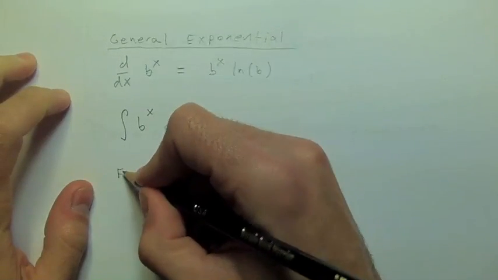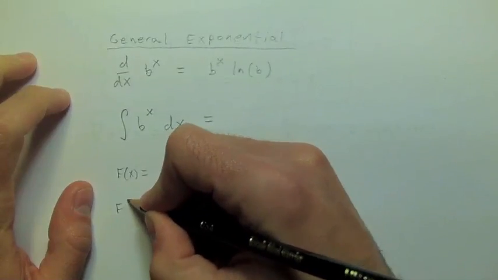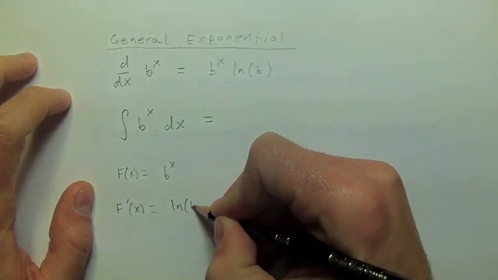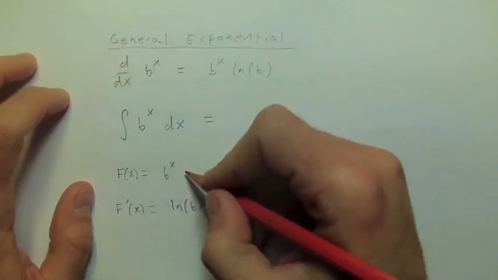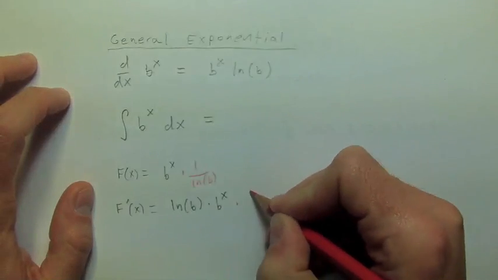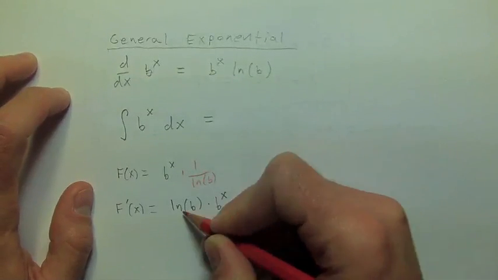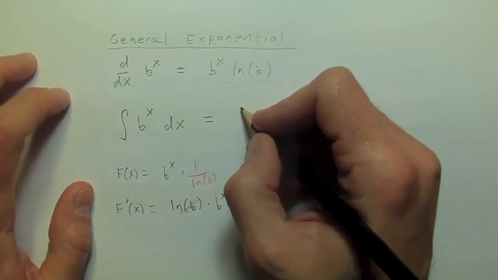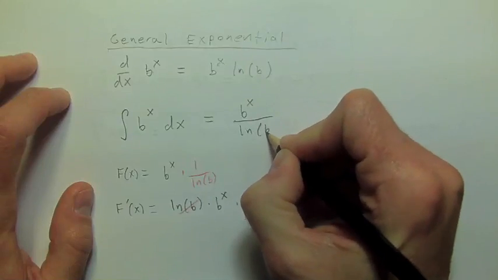For example, if you let capital F of x be b to the x, then F prime of x is ln of b times b to the x, so we need to get rid of that, and we do that by dividing by the natural log of b, to get back to our original b to the x. So the answer is actually b to the x over the natural log of b.